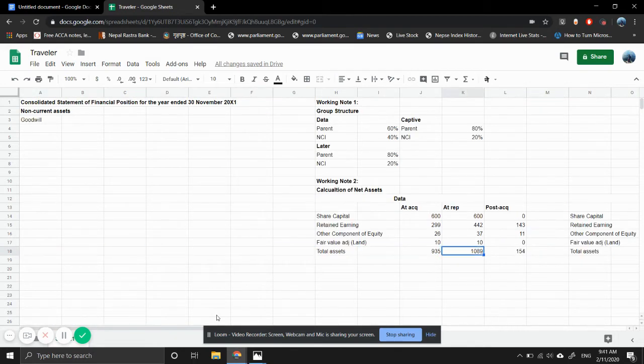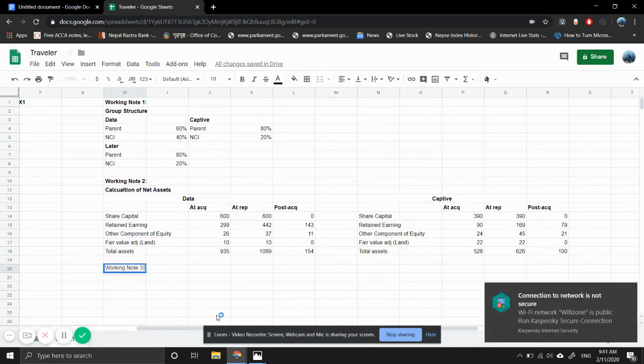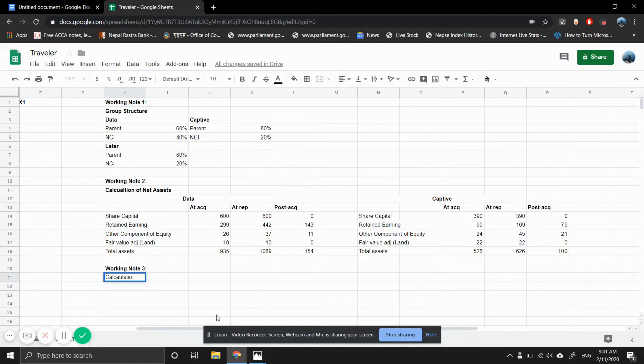So once that's done, calculation of goodwill, right? So let's calculate goodwill for both of them. Working on 3, right? So it will have to be done in different way. Calculation of goodwill. Goodwill. So cost.